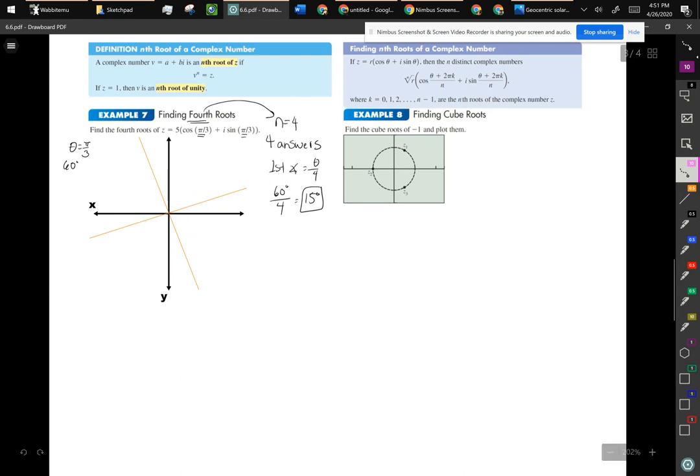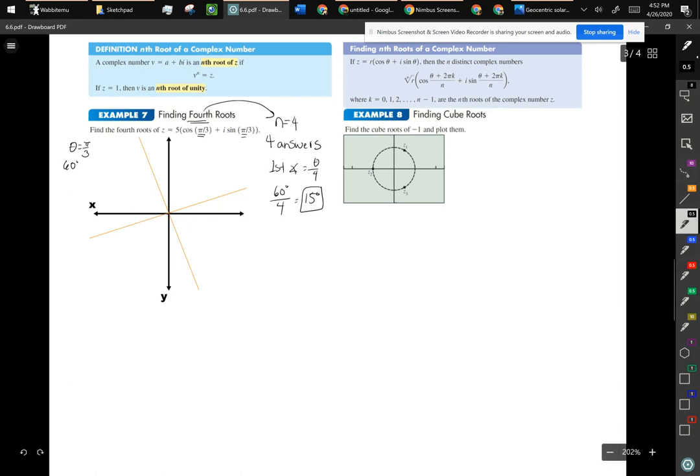So one thing you need to understand is that each one of the roots is separated by the same amount of degrees or radians, which means that if you're at 15 degrees, that's why I have these orange lines, right? 1, 2, 3, 4. If this is 15 degrees, then the other ones would have to go this way and this way for them to be evenly spaced apart. Well, how do I figure out from here to here? Well, that's just 360 divided by 4.